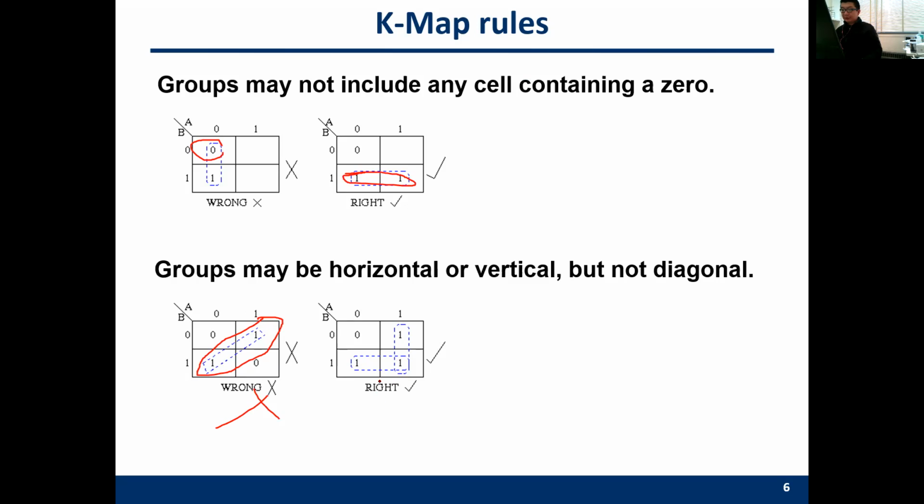So you can draw a horizontal one and a vertical one. If this is the K-map, what can you do to simplify? Because this is 0, unlike this one, this is 1, this is 0. You cannot have this case. So if you have two ones here, what can you do?